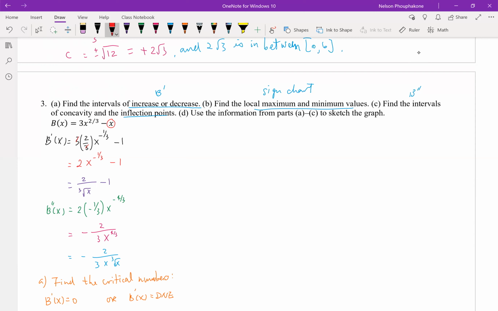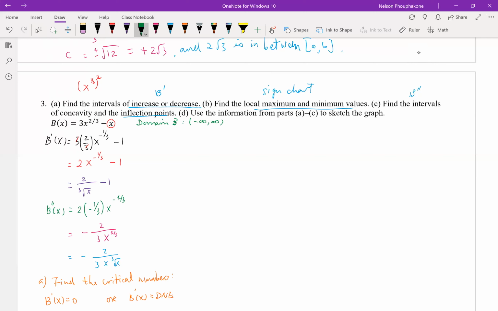You could consider that x to the power of 2/3 is x to the power of 1/3 raised to the power of 2. Then we know that the domain of x to the power of 1/3 is actually all real numbers. So basically, the domain of the function b is all real numbers.